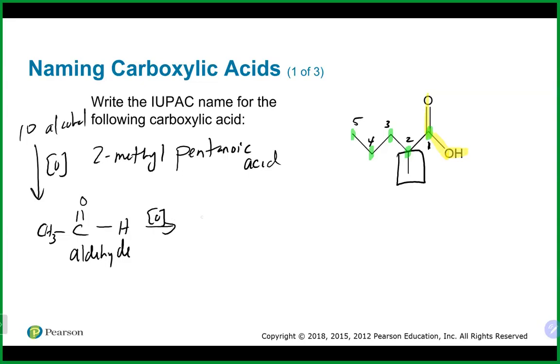Our aldehyde gets oxidized to our carboxylic acid, right? And again, that is just putting in the oxygen right there to our carboxylic acid. Any questions on that one there? Remember, a secondary alcohol gets us to a ketone, which will not then oxidize to a carboxylic acid. So this is, again, the route that we take, as we talked about previously, to get to a carboxylic acid.